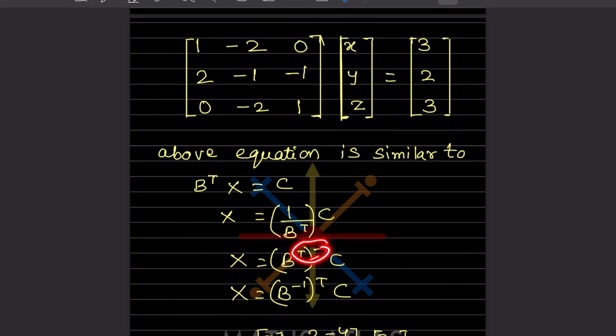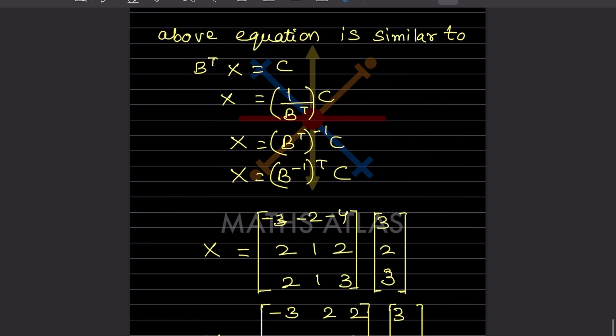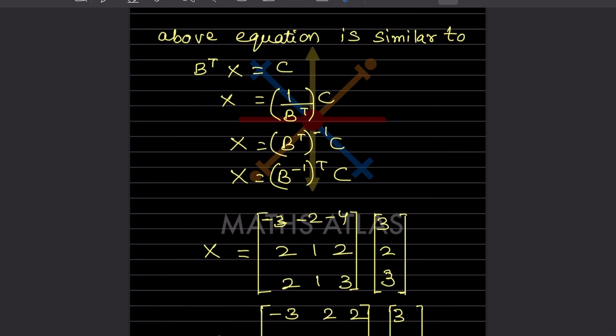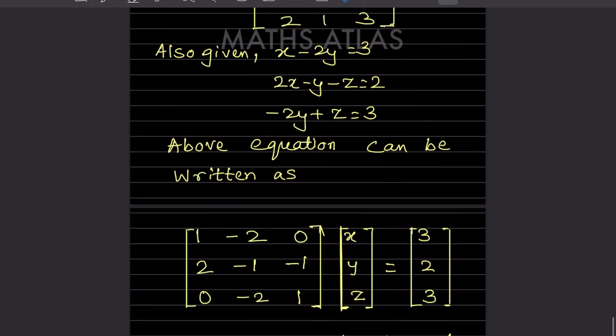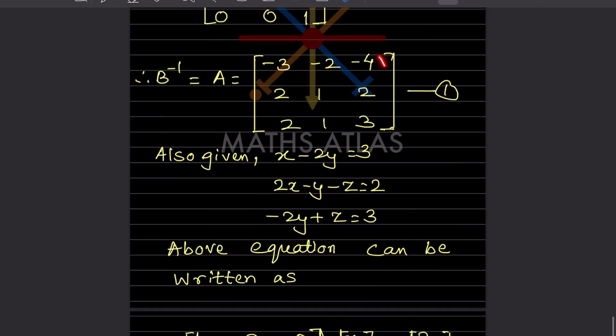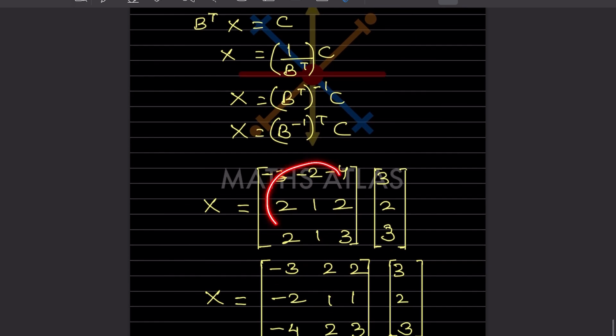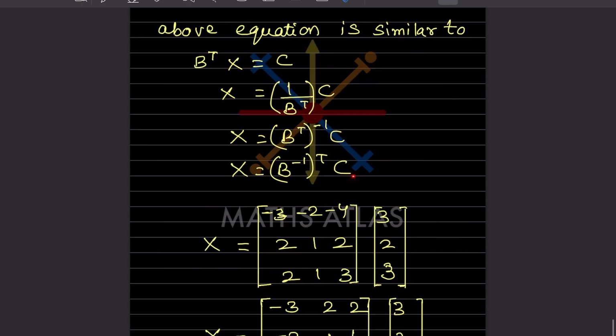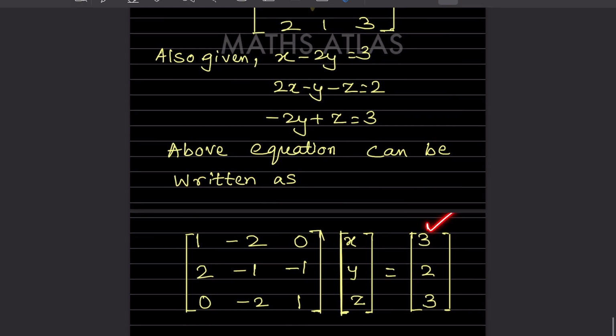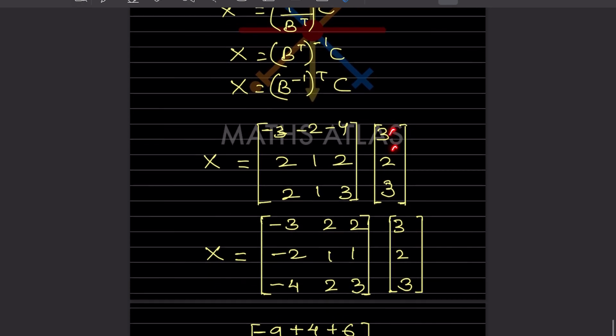We can also write this by taking minus 1 inside, because minus 5 into 1 or 1 into minus 5 is the same. So this is B inverse transpose. Now B inverse is already given over here. So we put that B inverse over here, the transpose we have already done, and C is here.